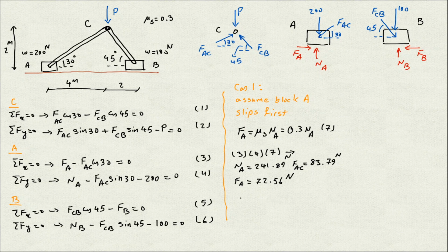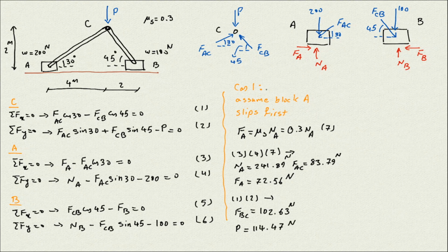And then if I use equations 1 and 2, it gives me FBC is 102.63 Newton, and P, which is the one we are looking for, is 114.47 Newton.